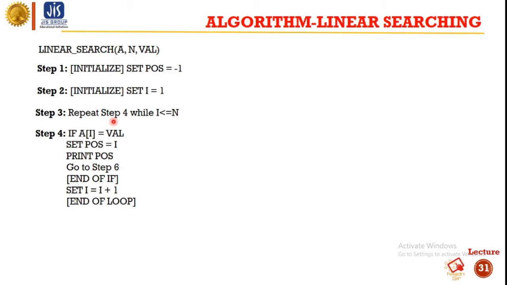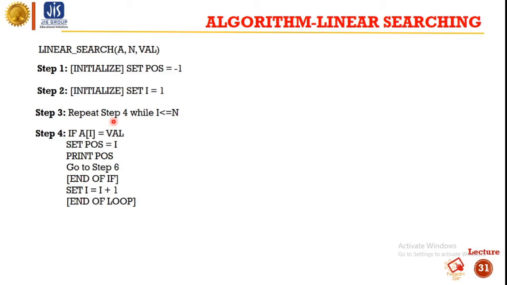So we'll check whether a[i] is equal to val or not. If it is true, then we will set the value of pos as i, and we will print the value of pos. Next we will go to step 6. If we found it, then we will go to step 6, and if we do not find it, we will increment the value of i by 1.